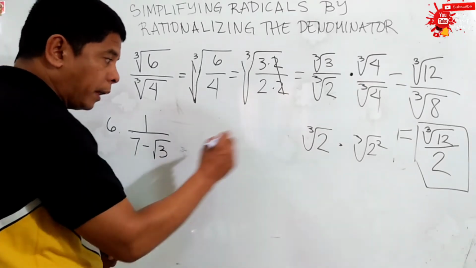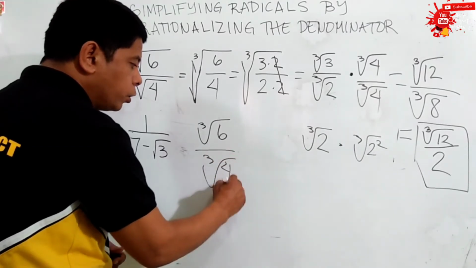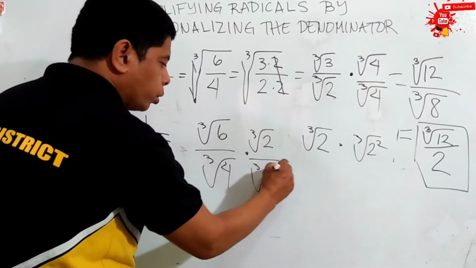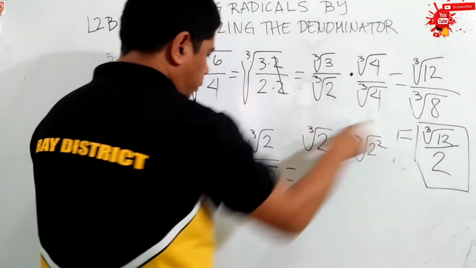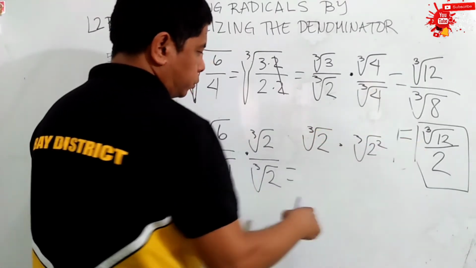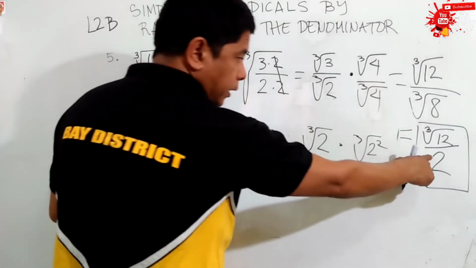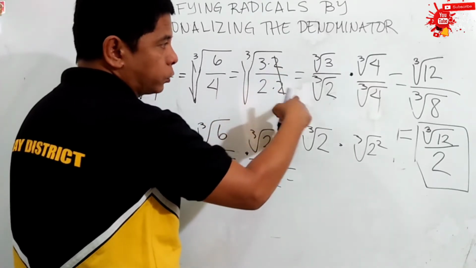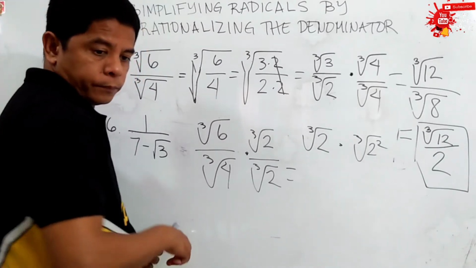Multiply ng cube root of 2 over cube root of 2. So, lalabas din, that is cube root of 8 over 6 times 2 is 12. Then, cube root of 8 equals to 2. So, kung ganito yung ginawa nyo, wala ring magiging problema. Kung pinactor nyo muna, lalabas rin po tayo ng cube root of 12 over 2.